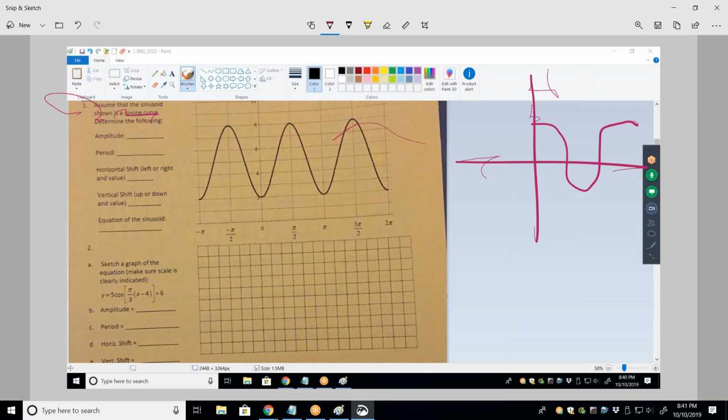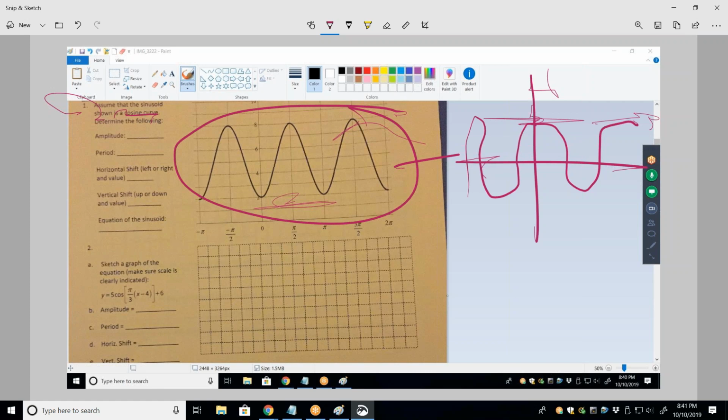In other words, if I'm going to take this whole curve and shift it to the left or to the right, what would work in terms of replicating this curve that I've drawn? Remember, that curve that I've drawn goes like this. So what do I have to do to this curve to make it look like that curve?